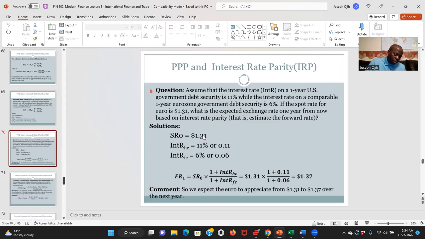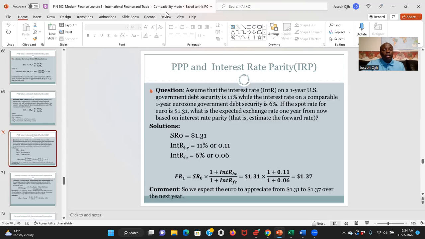Then the interest rate in the home country, INTRHC, is 11%, which is 0.11. The interest rate in the foreign country, INTRFC, is 6%, which is 0.06.